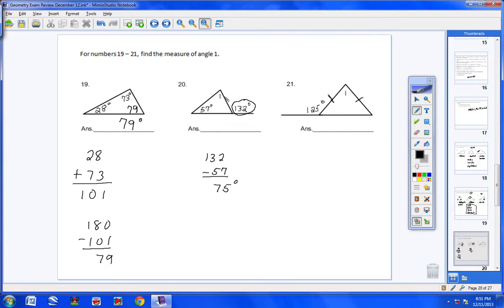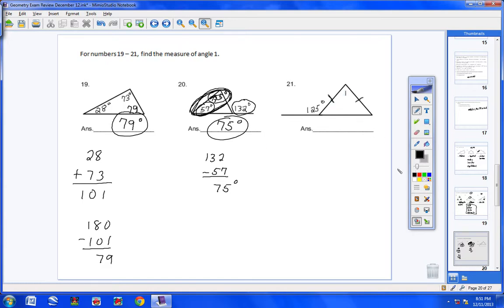Alright, so I know that this angle up here has to be 75 degrees, because 75 plus 57 gives me 132. So what we're reviewing there is simply this. We're reviewing that an exterior angle of a triangle equals the sum of these two remote, far away interior angles over here. Okay? Alright, now let's take a look at number 21.